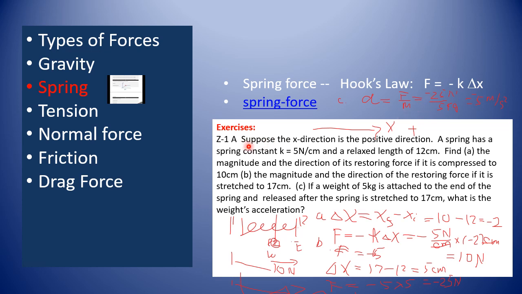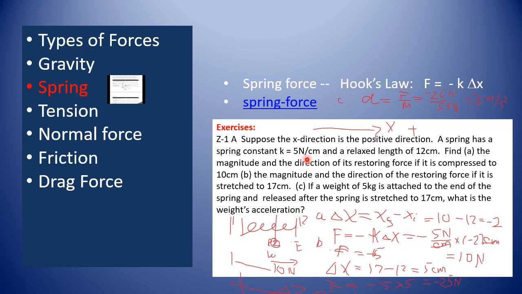So suppose the x direction is the positive direction. A spring has a spring constant k equals 5 newtons per centimeter. In other words, if you stretch the spring 1 centimeter, its restoring force is 5 newtons inward.